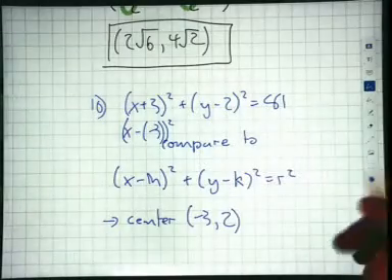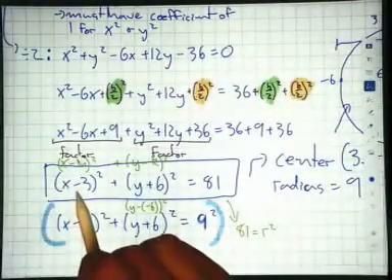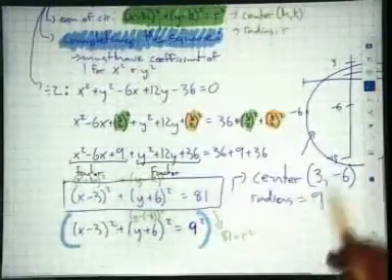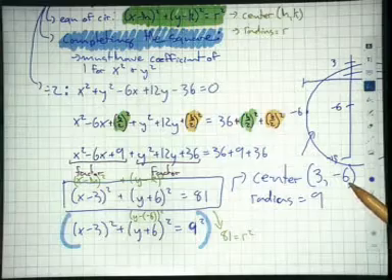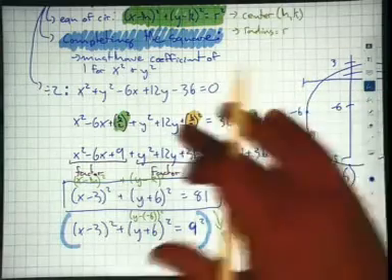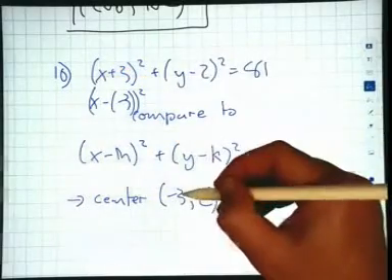So there's my center. And so what I said about number 12 was, another way to think about this is, what's the opposite of negative 3? It's positive 3. What's the opposite of positive 6? That's negative 6. That makes your center. So going back to number 10, what's the opposite of 3? It's negative 3.